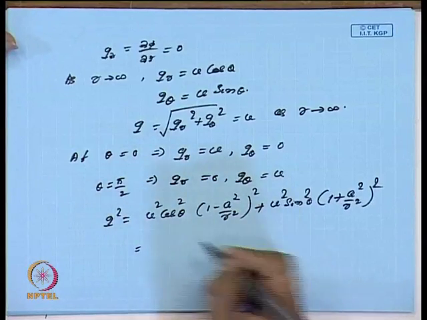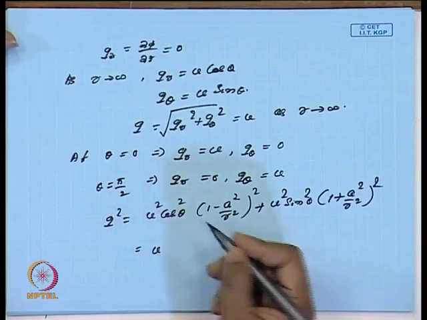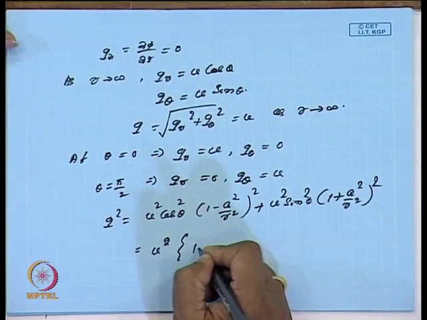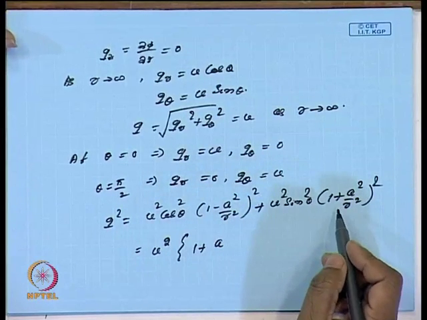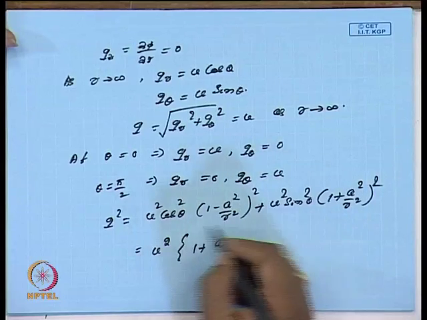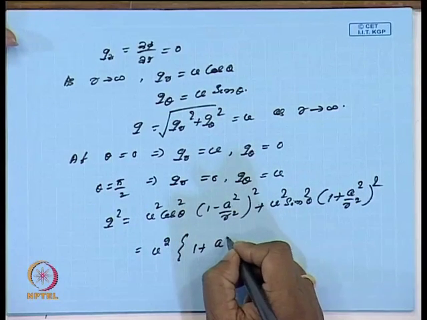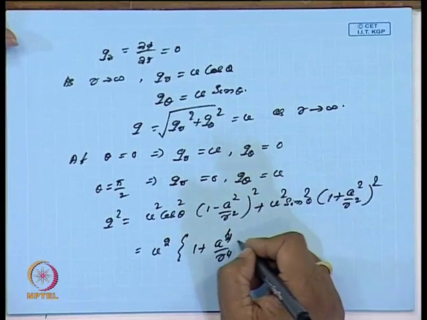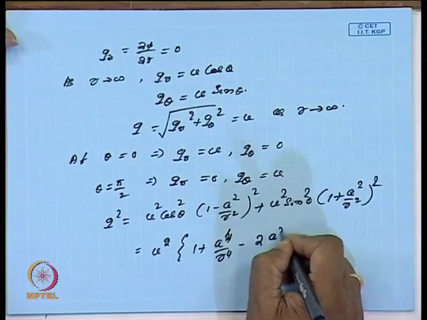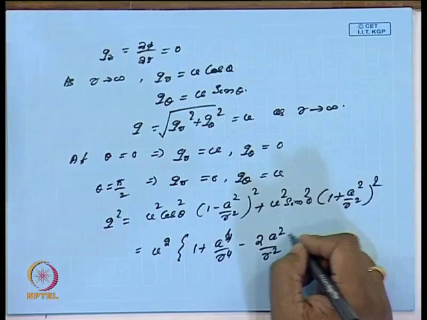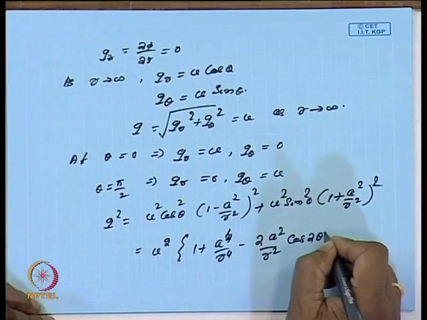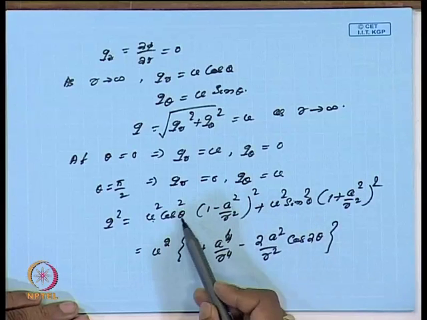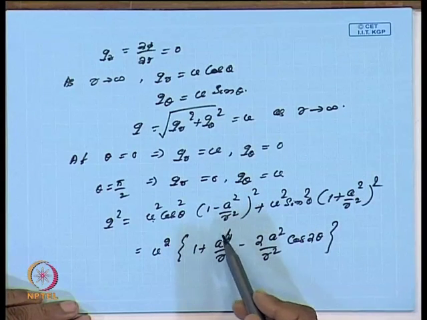If we expand it, this will give us u square times 1 plus a fourth by r fourth, minus 2 a square by r square cos 2 theta.